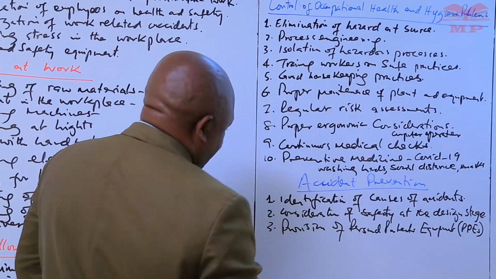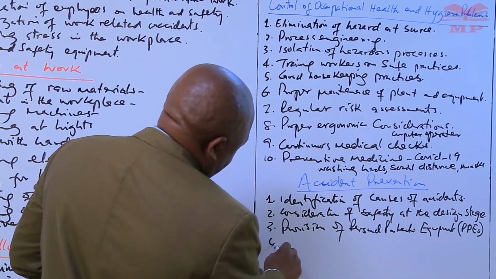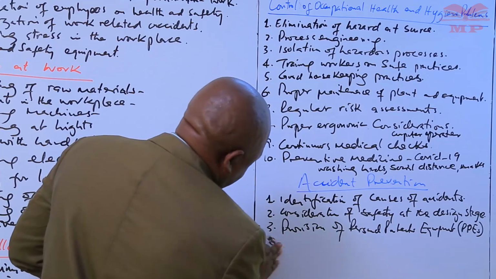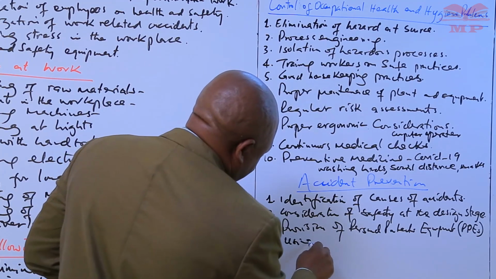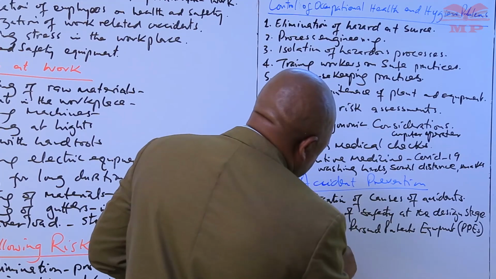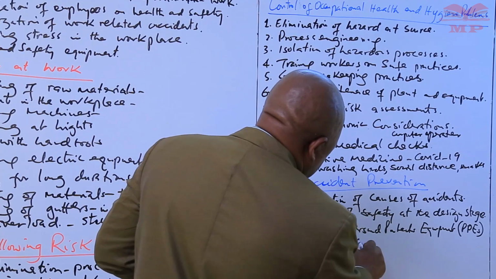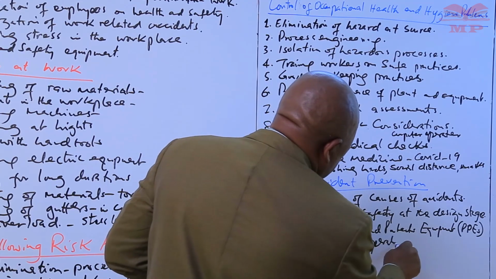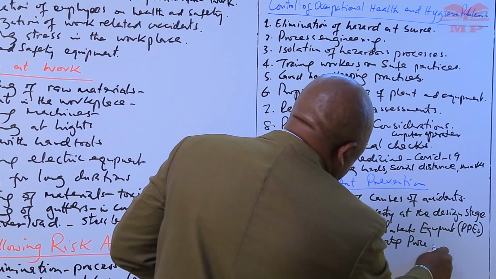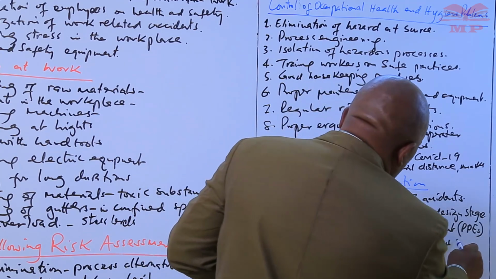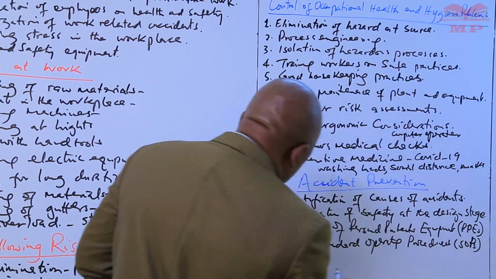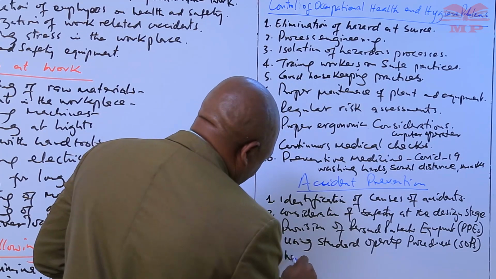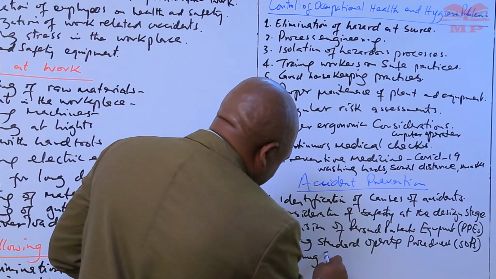There is also the issue of number 4, using standard operating procedures. These ones are SOPs. There are also processes of having what you call warning systems.